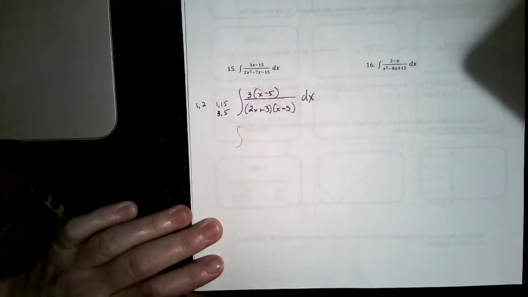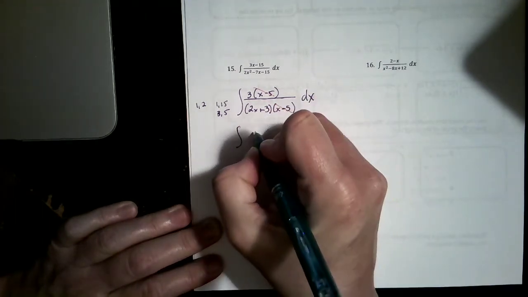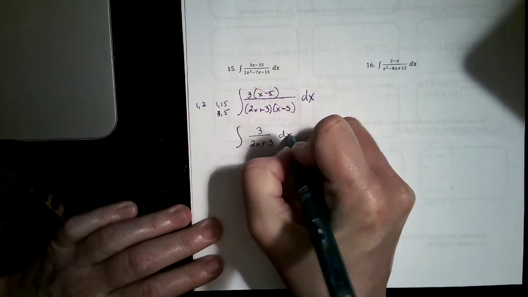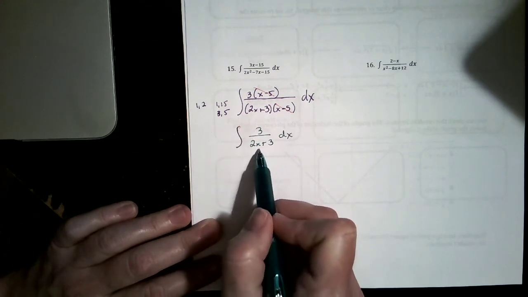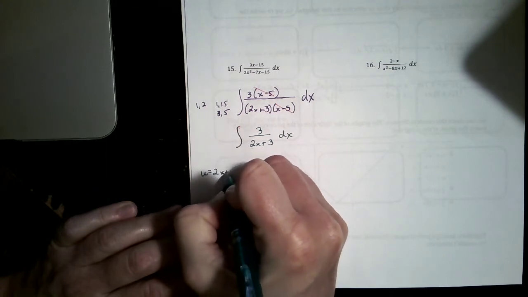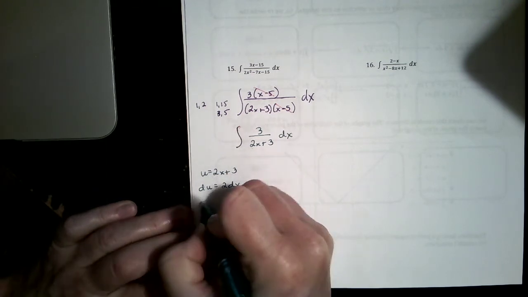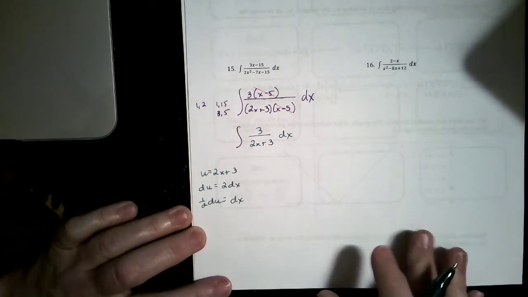This gives me, oh, that red is not very easy to see, so let me try this green here. That gives me 3 over 2x plus 3 dx. Again, I can pull the 3 out, and I'm going to let u equal 2x plus 3. So u equals 2x plus 3, du equals 2 dx, 1/2 du is equal to dx.